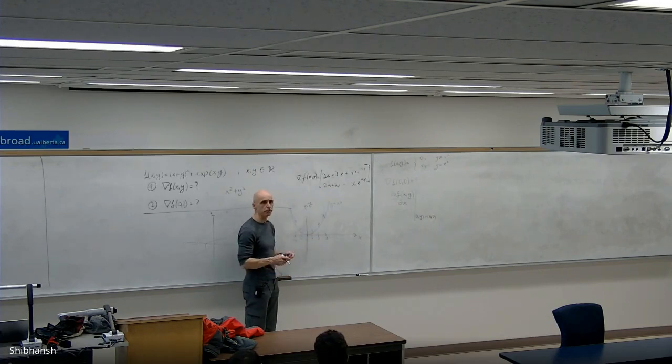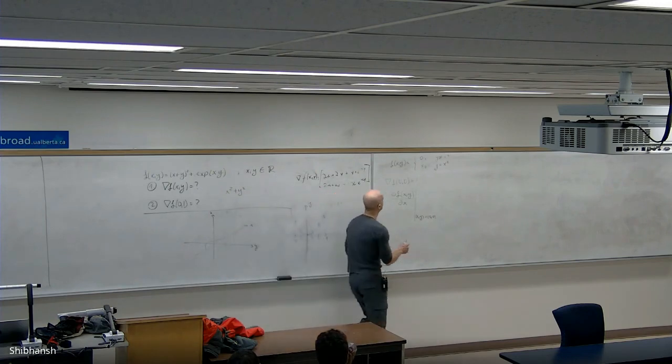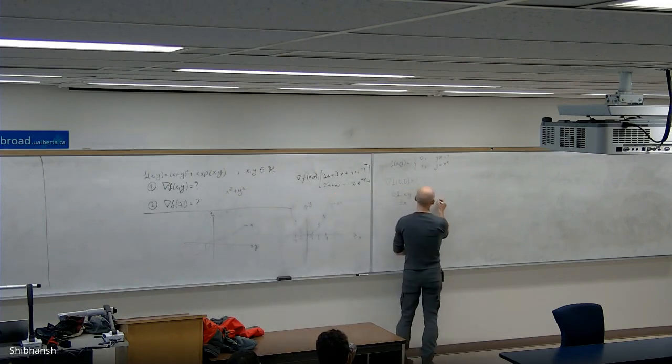How does it behave? Well, it's a very simple function. It's identically 0. So you have to take the derivative of the identically 0 function. And of course, it's a constant function. Its derivative is 0. So this is just 0.